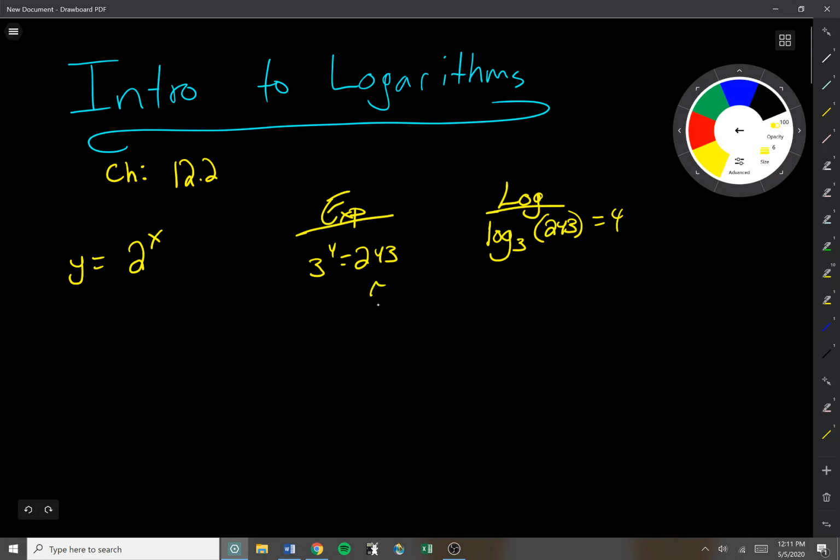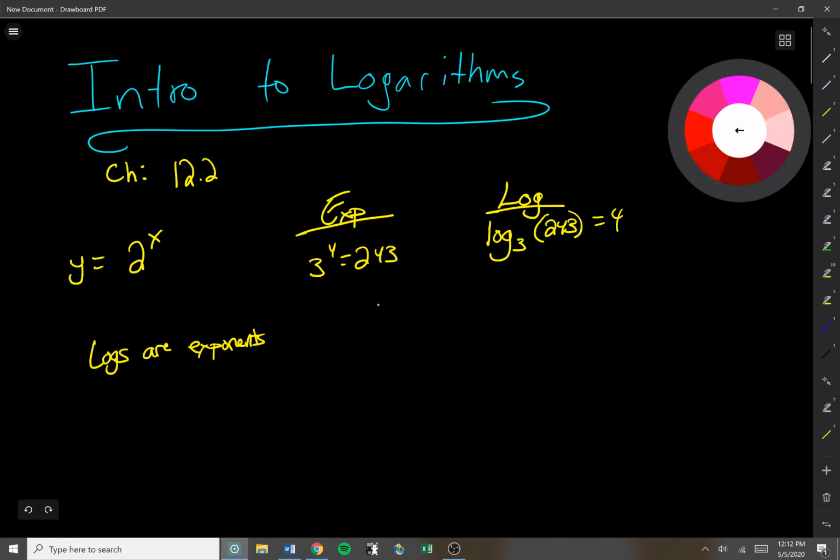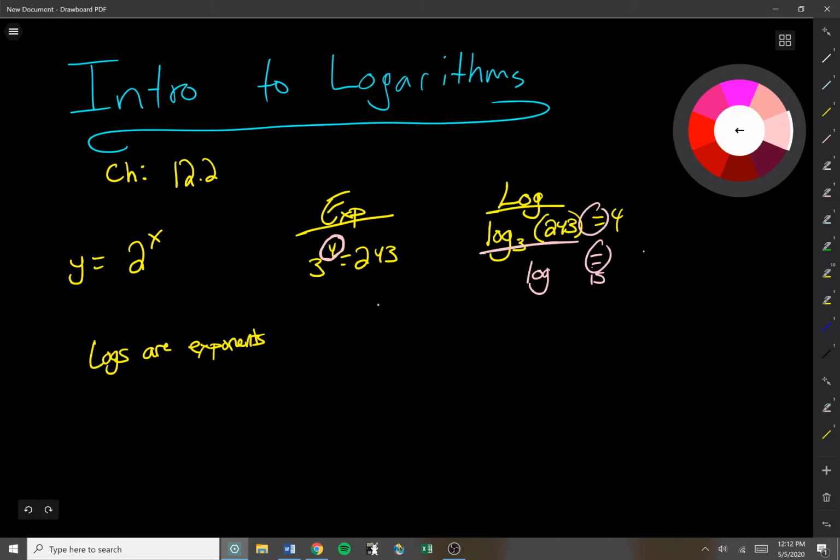So let's talk about just what a logarithm is for a second. Logs are exponents. I mean that literally, okay? The equal sign means "is." If you look at this exponential over here, the exponent was 4, and here the logarithm was equal to the exponent.